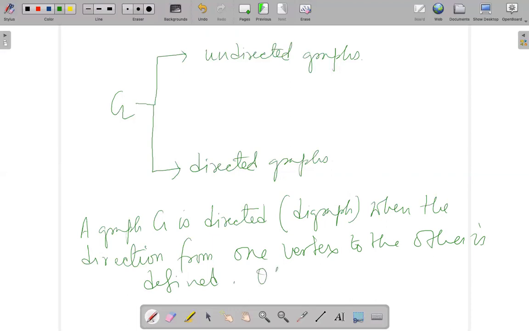Otherwise, the graph is called undirected.